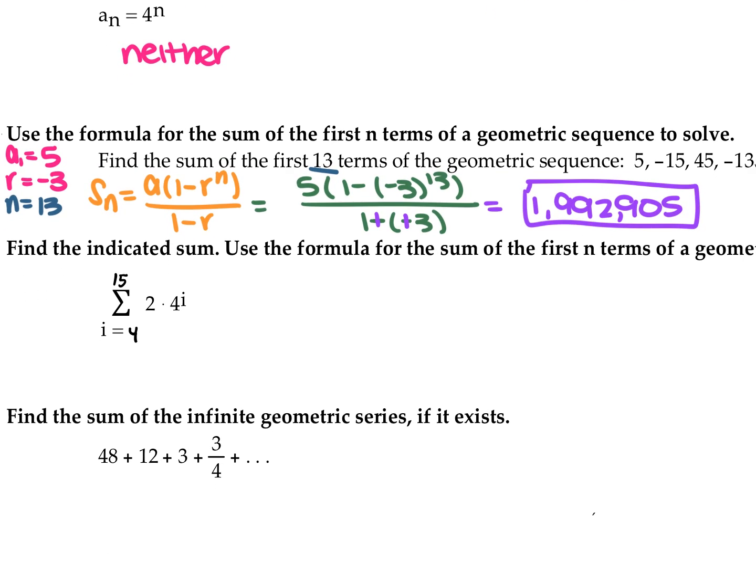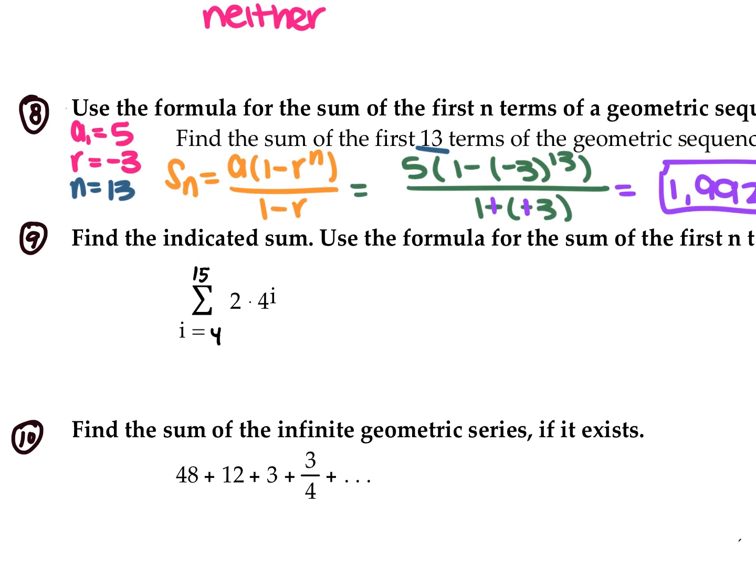For number 9, you're finding the indicated sum using the formula for the sum of the first n terms of the geometric sequence. This one gives you i equals 4, going to 15, and the rule 2 times 4 to the power of i. So your n is 15 minus 4 plus 1, giving you n equals 12.